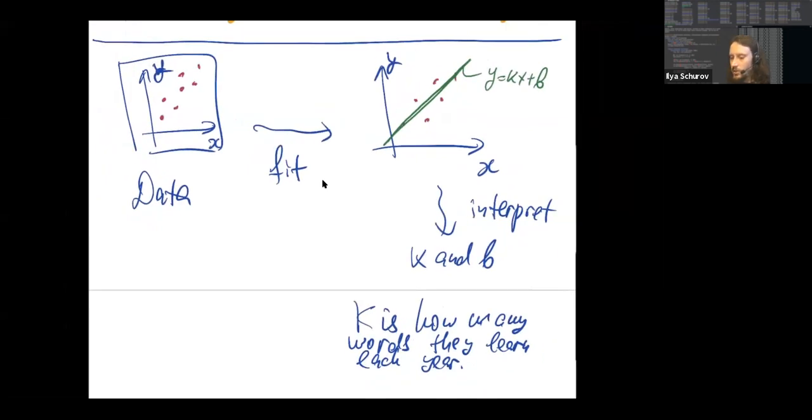So these are the two steps that we usually do. First, we fit our model, then we interpret the coefficients that are given by this model.